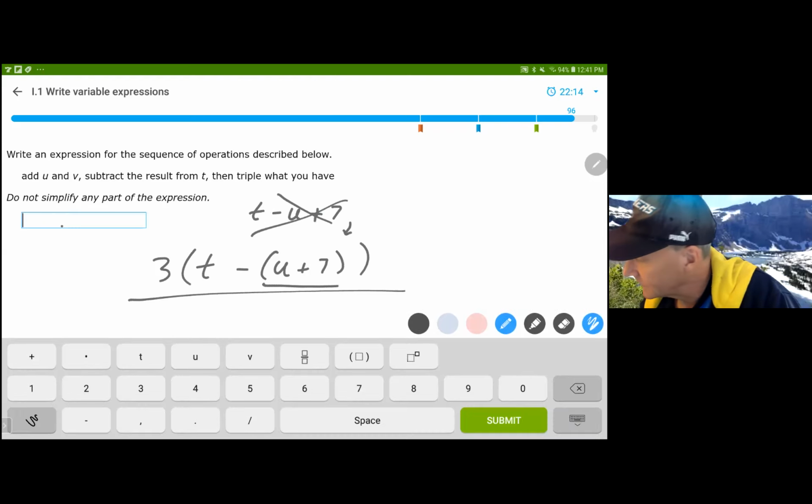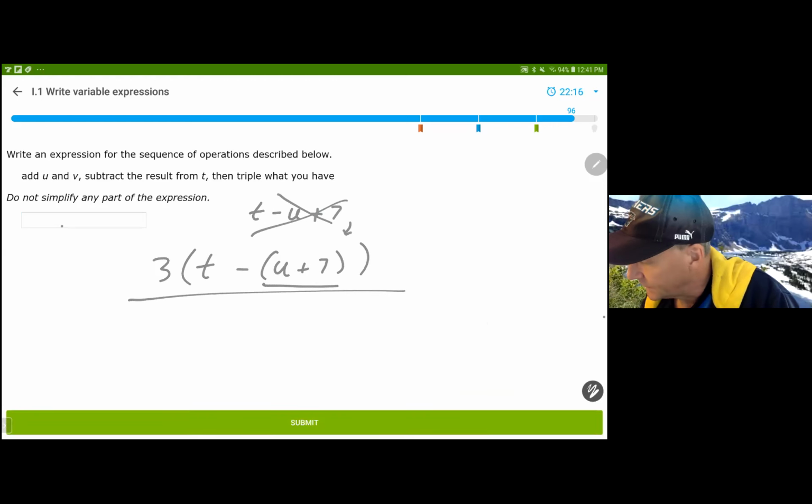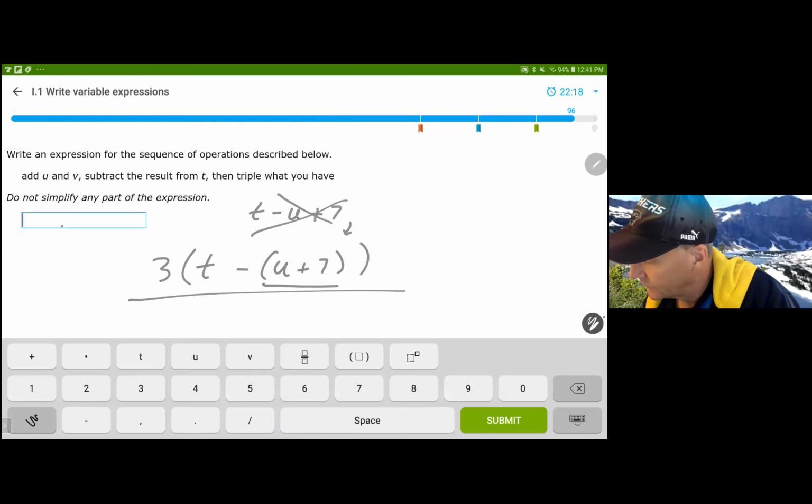So let's take the 3 parentheses t minus parentheses u plus 7. And there we have it. I have now tripled everything. I've taken the result from t. Yep.